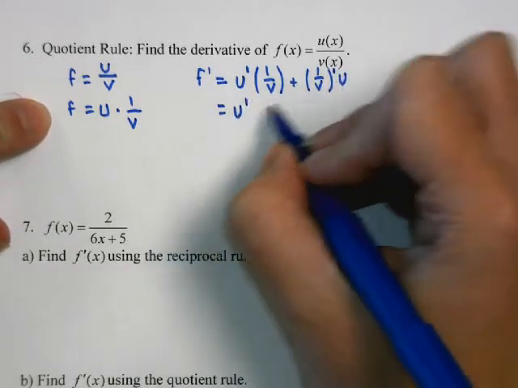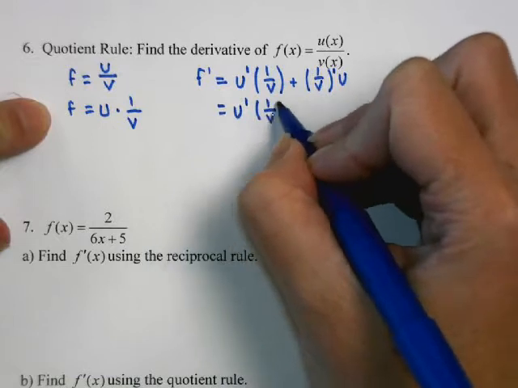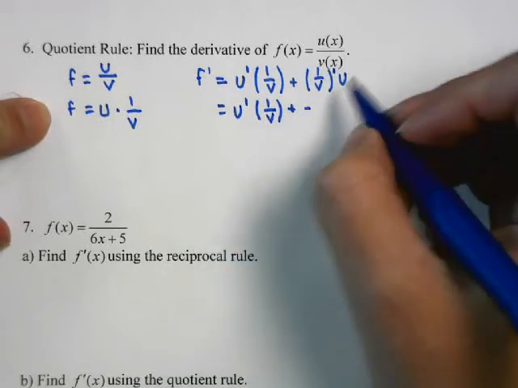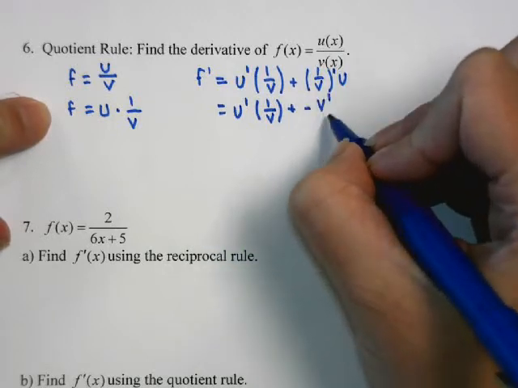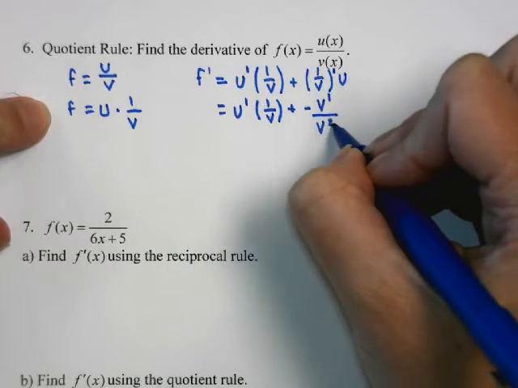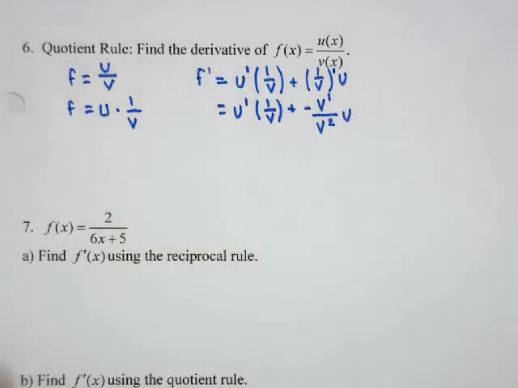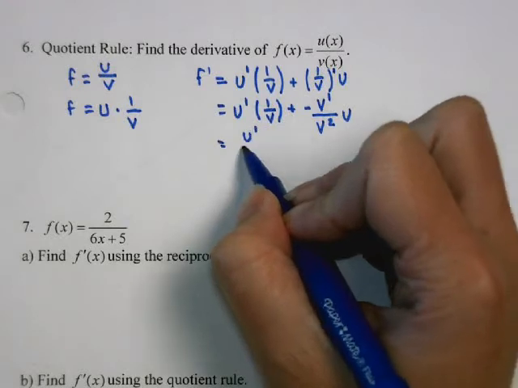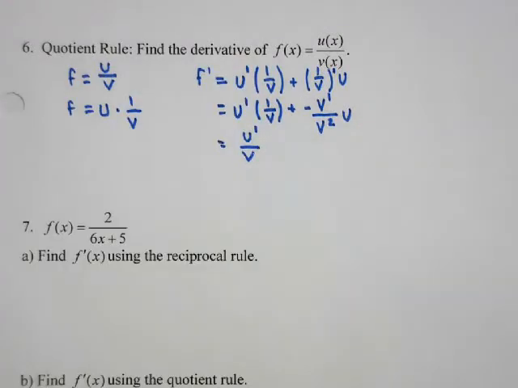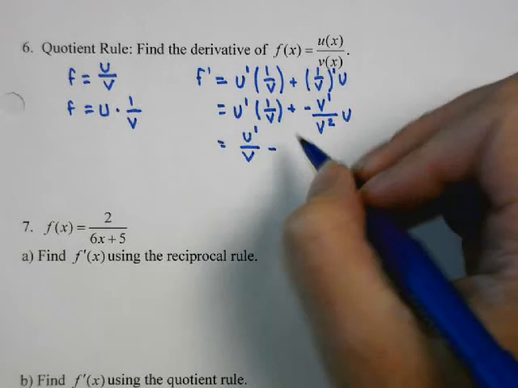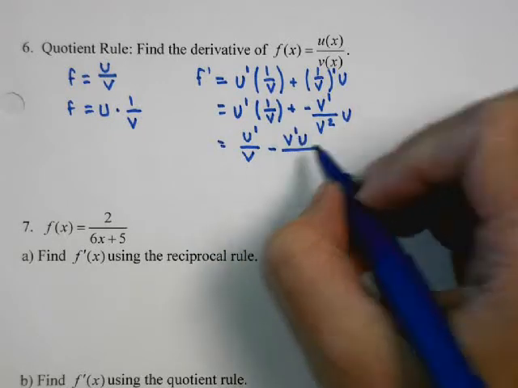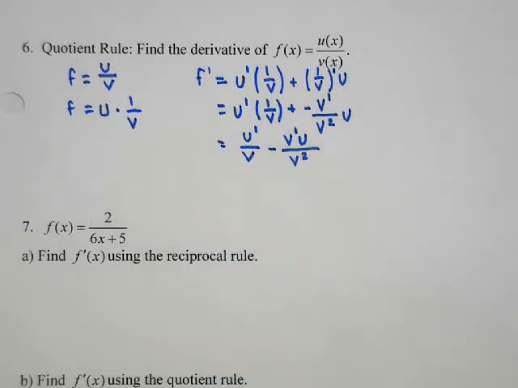So this is going to be u prime times 1 over v plus this is going to be negative v prime over v squared times u. So this is going to be u prime over v minus v prime u over v squared.